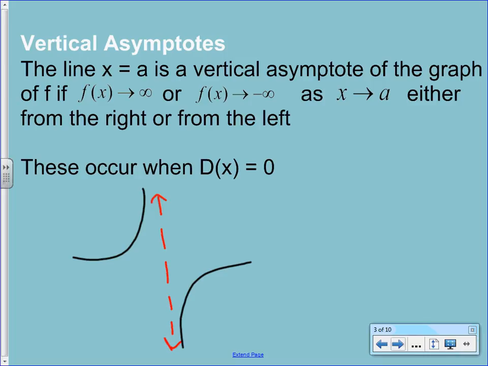As we get closer to the asymptote, we're either going to go up and up and up towards infinity, or down towards negative infinity. Vertical asymptotes occur when our denominator is 0.